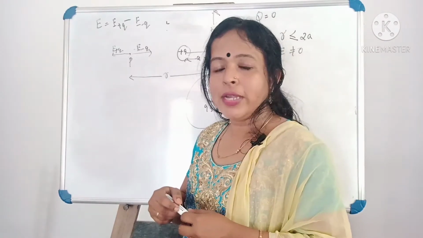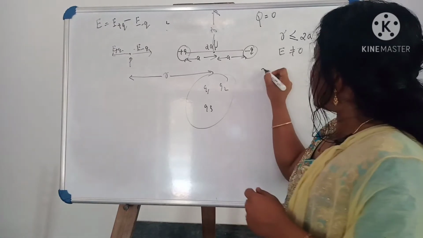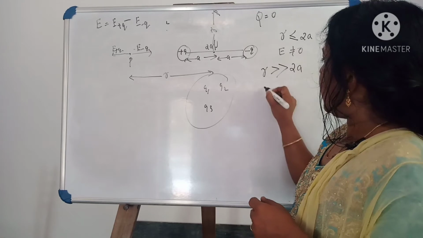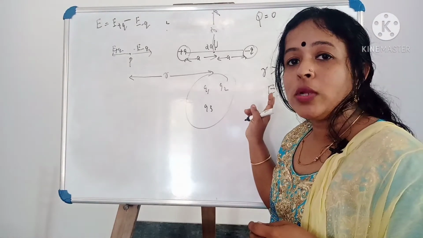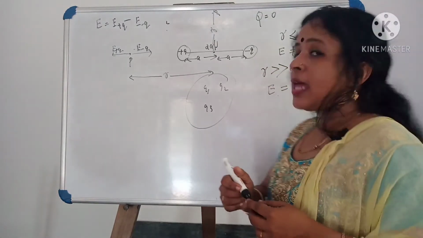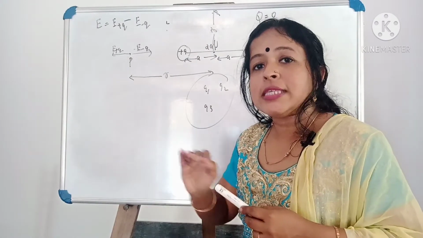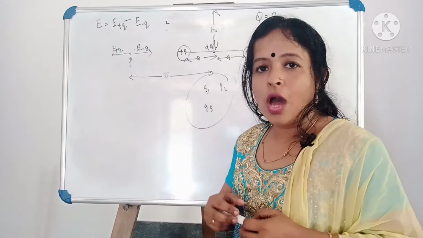And if we consider a point very much greater than 2a, E is approximately equal to 0. That is, if the distance r is very much greater than 2a, the electric field vectors cancel out.